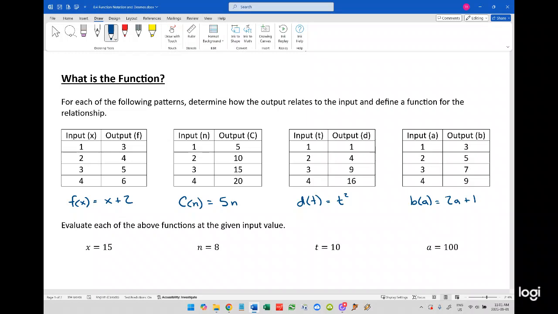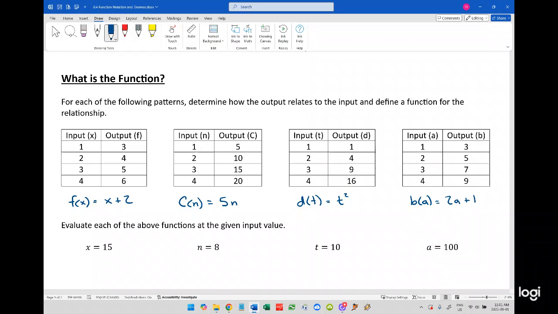The number of t-shirts you buy times 5 is the cost. The third one, d at t, this one was meant to be a distance at a time. So maybe this is for a falling object. The distance it's traveled is equal to t squared. It accelerates downwards. And the last one, b at a, is just completely generic, and I could have reversed the order of the b and the a if I wanted to, as long as I define what the input and outputs are.